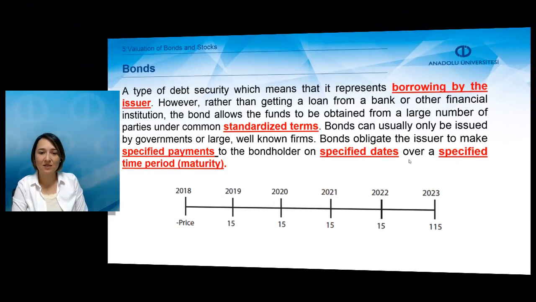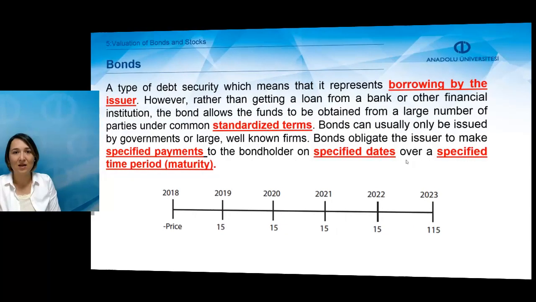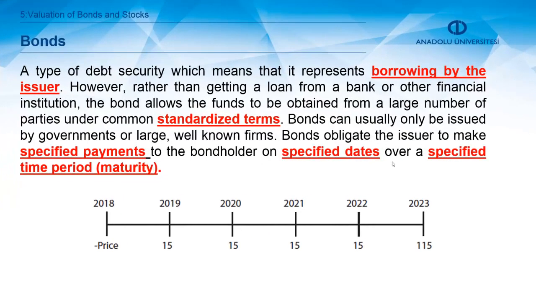As you can see, it is a kind of standard security that the protection of investor is considered by the government or by administrative parties, because there is an obligation of a borrower to pay the specified payments to the investor.